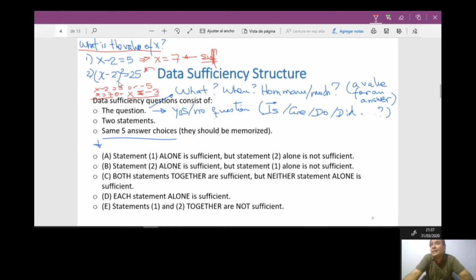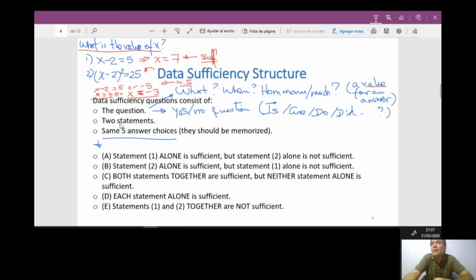Since we have two possible answers to the question, that is what the GMAT creators consider not sufficient. We should label this statement as not sufficient. Why not sufficient? Because it doesn't allow sufficient information to answer the question uniquely with only a single value, okay? Because of that, we label it not sufficient.